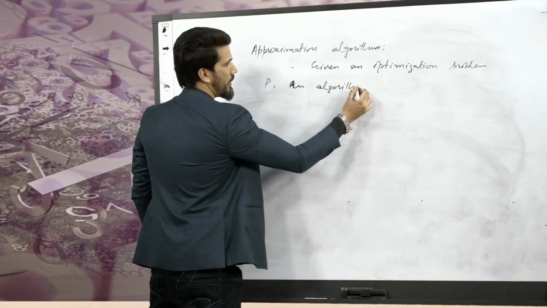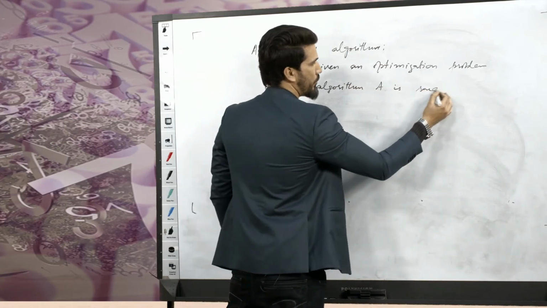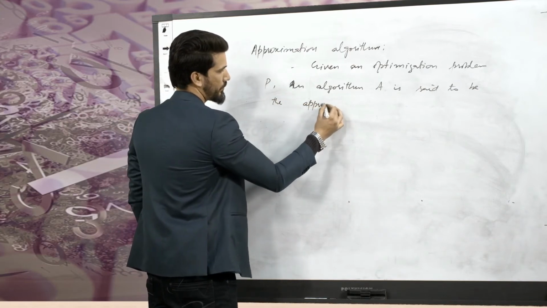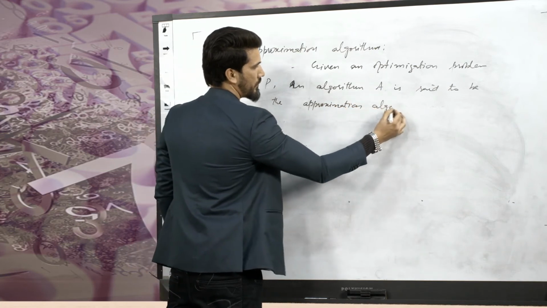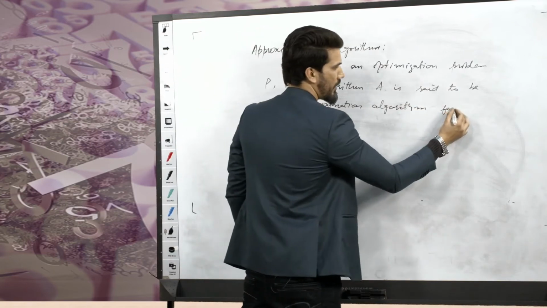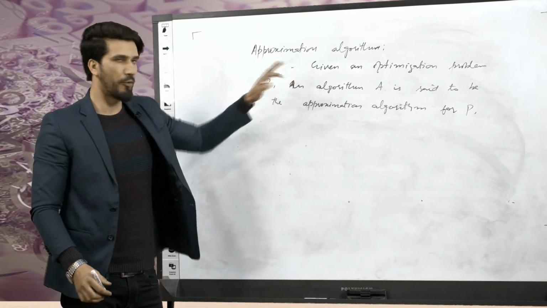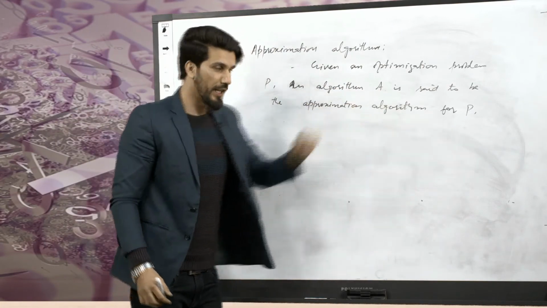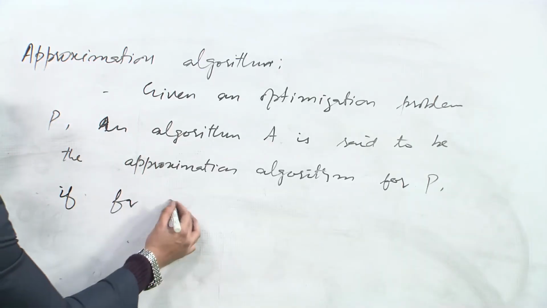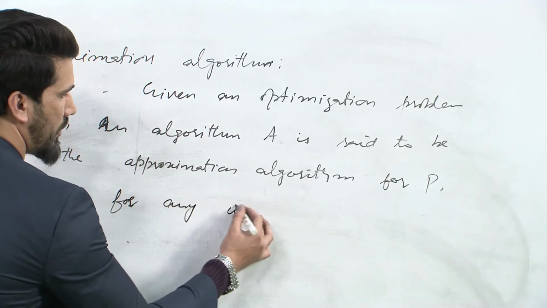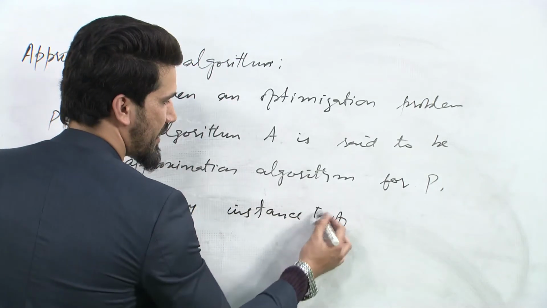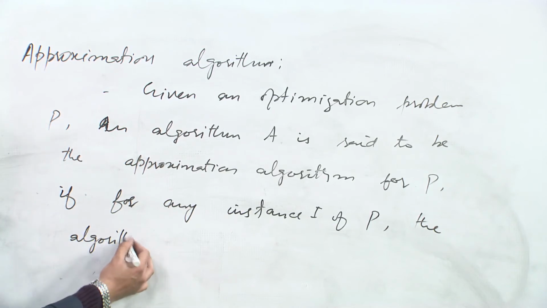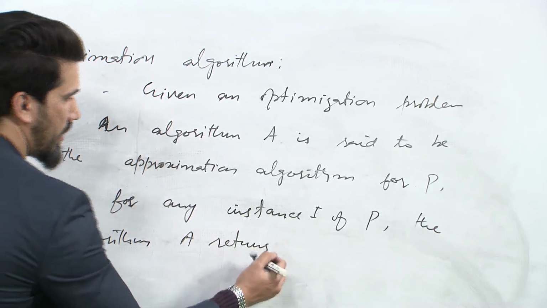A is said to be an approximation algorithm for P if for any instance I of P, the algorithm A returns a feasible solution.